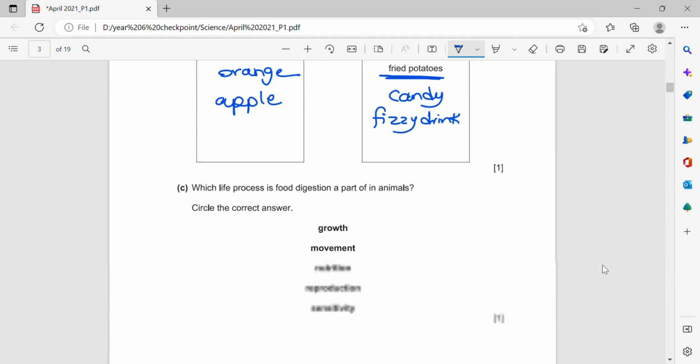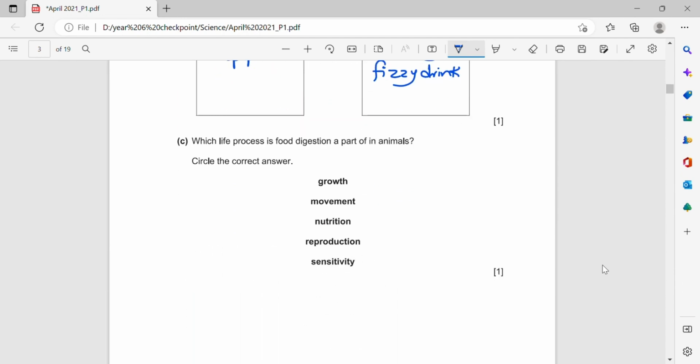Okay. Question C. Which life process is food digestion a part of in animals? Circle the correct answer. But the question here is about life process regarding the food digestion. نراجع مع بعض life process. عندنا how many life process؟ عندنا 7 life process. اختصرناهم في Mrs. Gran.